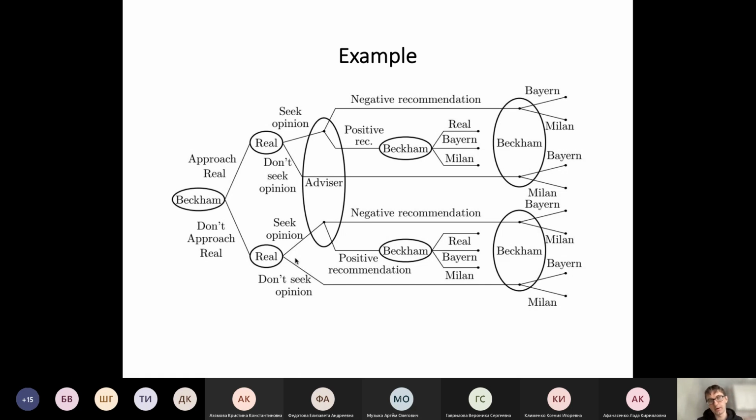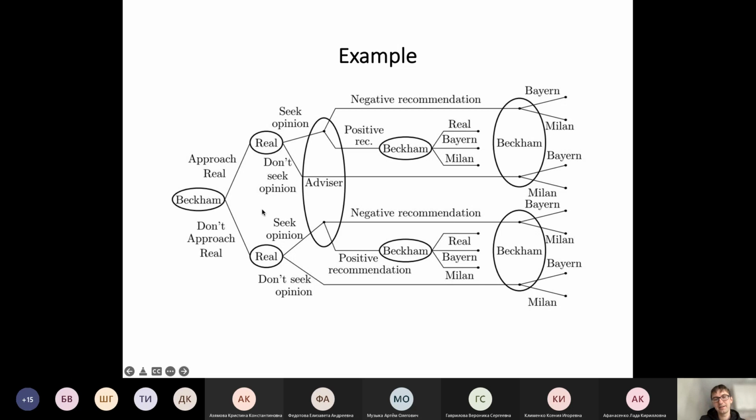So we discussed two strategies. There are two more. One of them is, in both cases, don't seek opinion. And finally, kind of strange, is to not seek opinion if Beckham is interested in playing in Real Madrid, but seek opinion if he is not interested. That's a bit strange from common sense, but still possible.